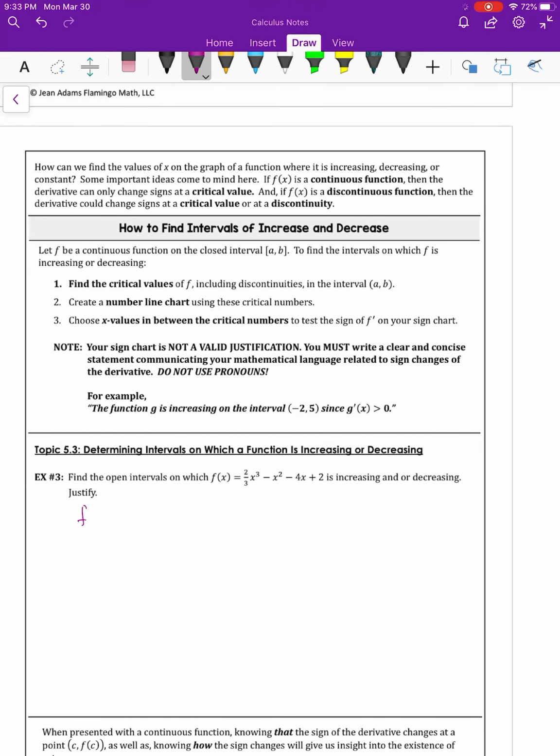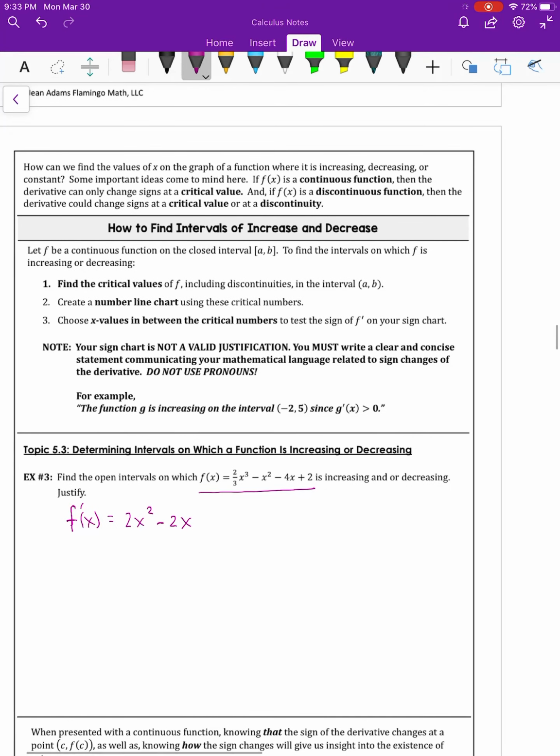So example number 3, find the open intervals on which f of x is increasing and/or decreasing and justify. So if we're looking for increasing or decreasing intervals, we are going to find f prime of x. Okay, so here's our f of x. If I take the derivative, I'm bringing the 3 down. It cancels with the 3 in the denominator, leaving me with 2x to the second.